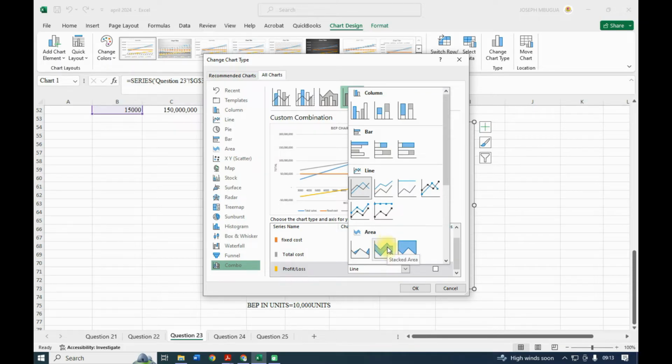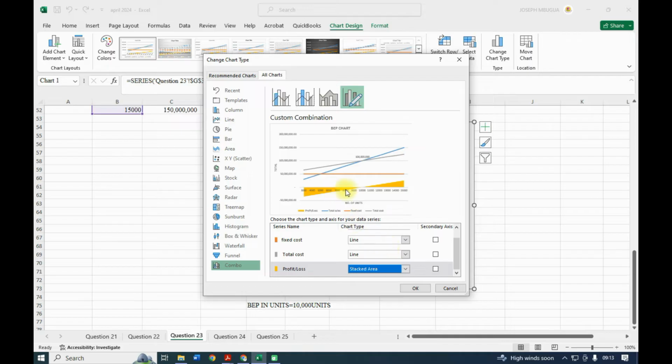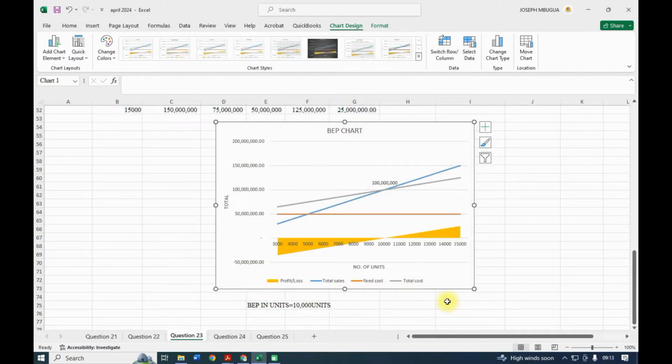You can use a stacked area, so that in this area we have the loss, and anything above here we have the profit.